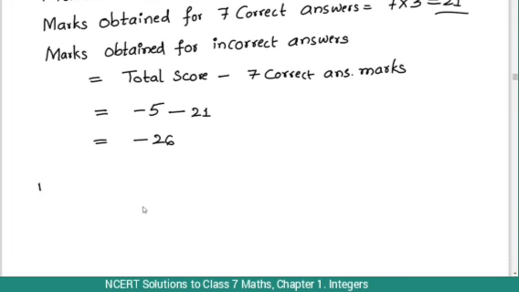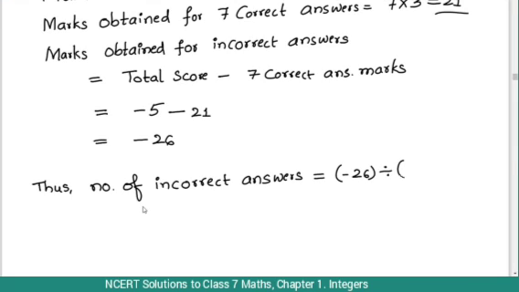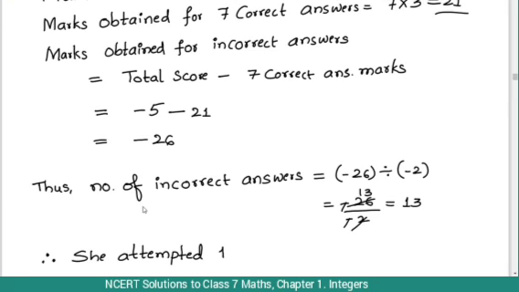Thus, number of incorrect answers is equal to minus 26 divided by minus 2. The minus signs get cancelled. 2 ones are 2, 13s are 26. So answer is 13. She attempted 13 questions wrongly.